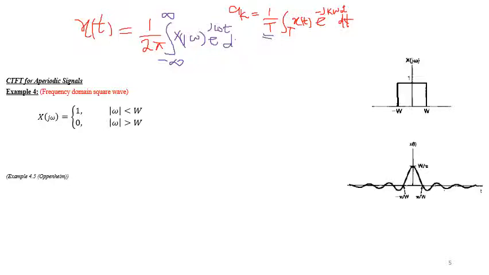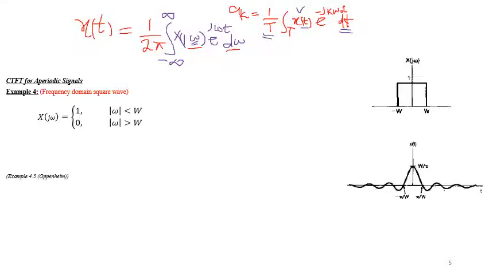Why? Because the signal is in the frequency domain, that is, the independent variable is omega, so we will integrate it with respect to the independent variable. In case of x of t, the independent variable is t, so we integrate with respect to t. But in this case, the independent variable is omega, so we integrate with respect to omega.